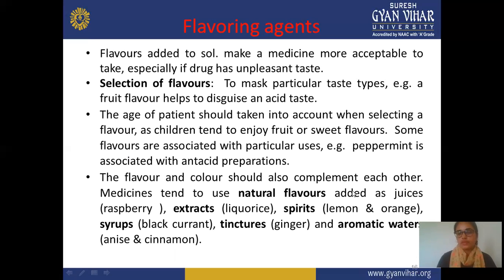Medicines tend to use natural flavors such as juices like raspberry extract, licorice, spirits like lemon and orange, syrup like blackcurrant, tinctures like ginger, and aromatic waters like anise and cinnamon.